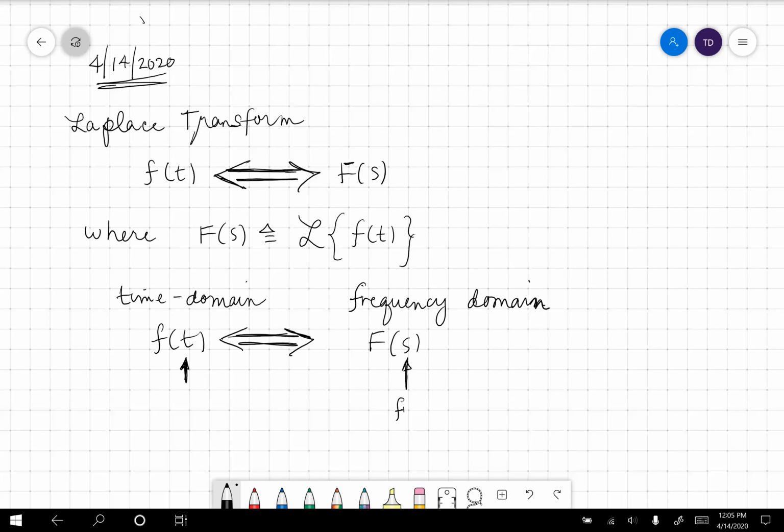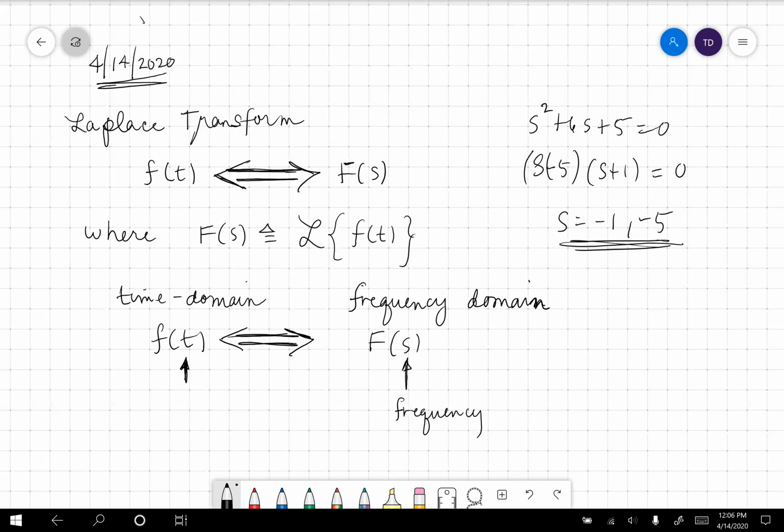You might remember that when we were looking at the roots of the characteristic equation, for example, we had something that looked like this, s squared plus 6s plus 5 equals 0. We said, oh my gosh, we can factor that into s plus 5 times s plus 1 is equal to 0. So s equals minus 1 and minus 5. Anybody remember what we called those values of s?